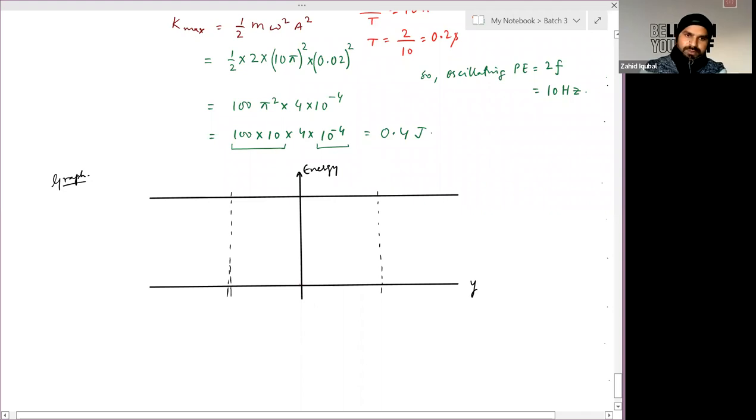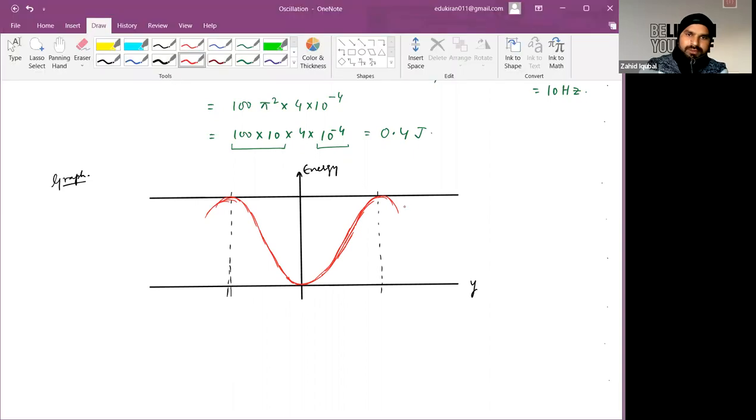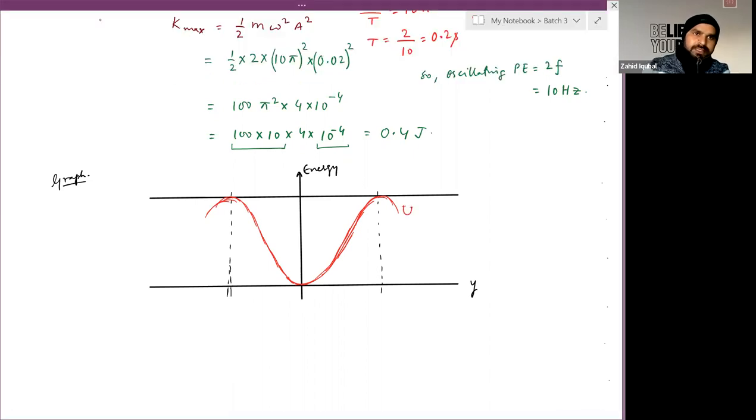For potential energy, which is minimum at mean position and maximum at extreme position, the graph will be like this. This is the variation of potential energy with respect to displacement.